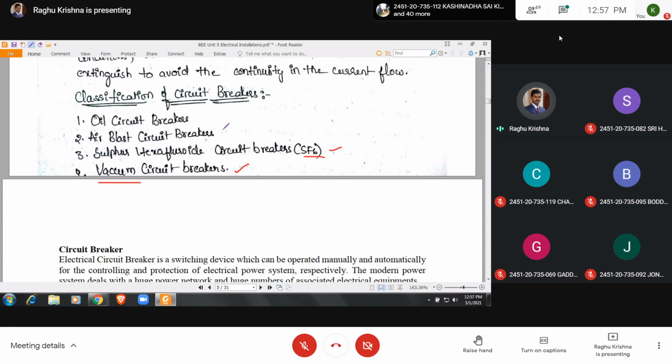Air blast circuit breakers are not used nowadays; you may see them in old substations, but now we use only these two.